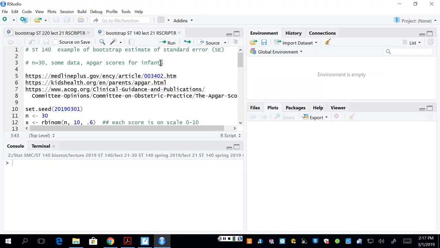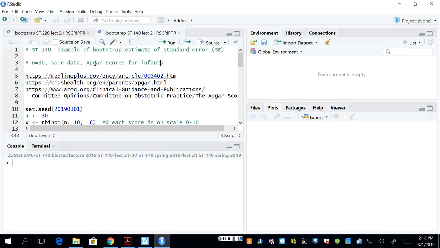We're going to imagine a scenario where we have 30 infants, and these infants have some risk factors associated with their birth: heart rate monitors before birth, other characteristics that look a little bit off, so they're at risk of things. One measure of breathing in infants is called the APGAR score. Virginia Apgar described it in the 50s as a way to quantify and codify how an infant is breathing 1 minute after birth.